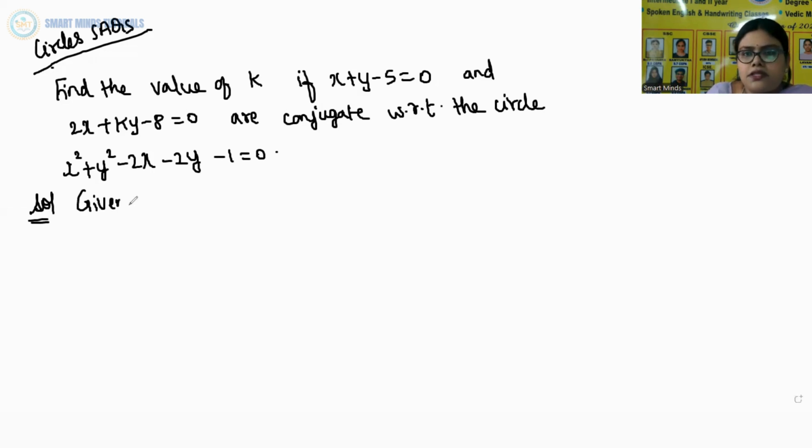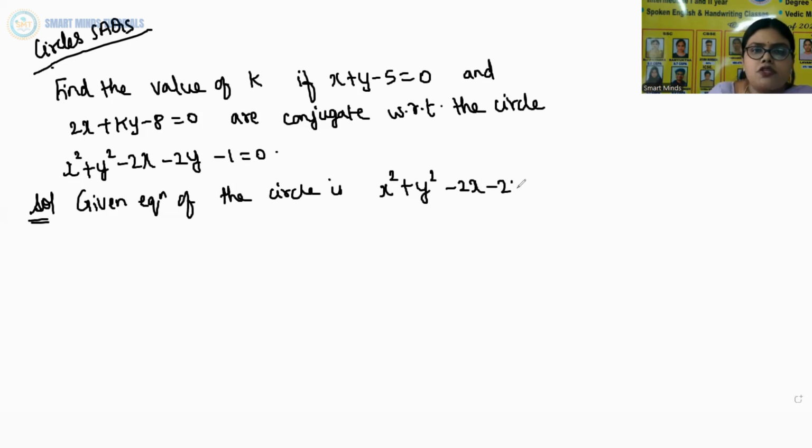So first let us write the given equation of the circle. Given equation of the circle is x square plus y square minus 2x minus 2y minus 1 is 0. From this circle equation we find g, f, c.